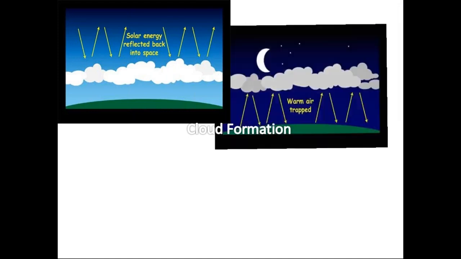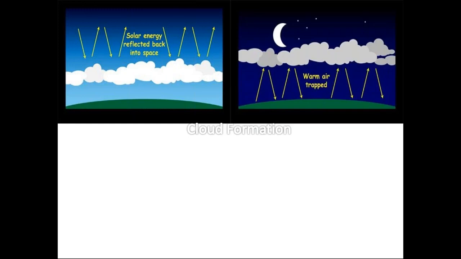Cloud formation, I've already explained this. When these ozone depleting substances are released into the atmosphere, it shields the atmosphere, so rather than solar energy getting to the earth, it gets to the clouds and is reflected back into space.